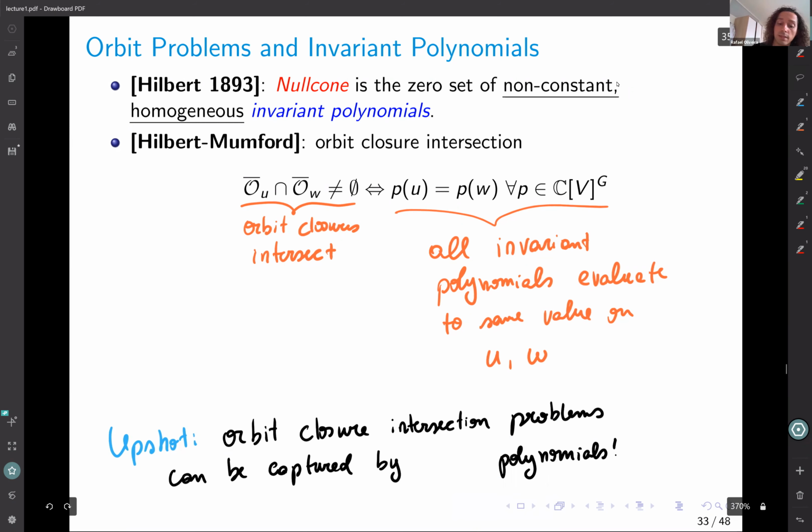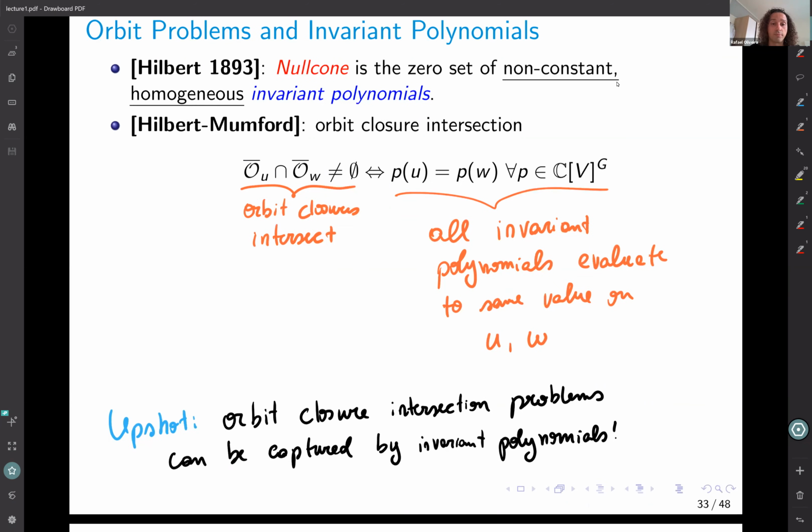That's really nice. And one is tempted to use algebraic approaches to actually solve the null cone problem and the orbit closure intersection problem. And those approaches have been quite successful as well, okay? But they become quite difficult quite quickly.